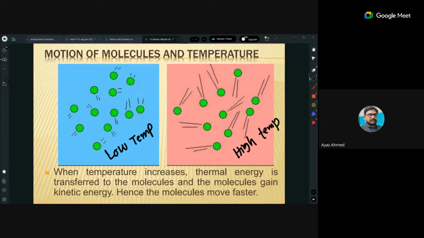The arrows or lines show the motion of the molecules. Actually, these are velocity vectors. When the temperature is increased, thermal energy is transferred to the molecules and the molecules gain kinetic energy. Hence, the molecules move faster. Got it?